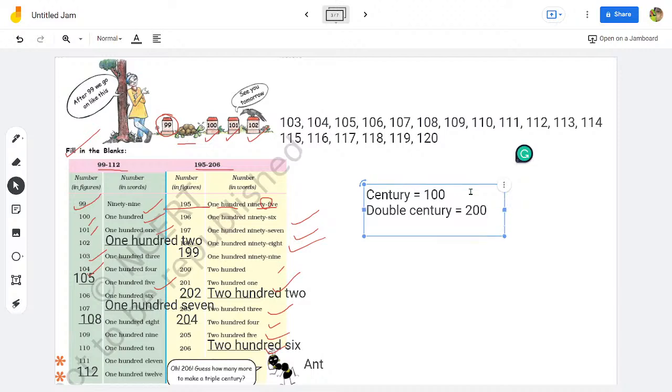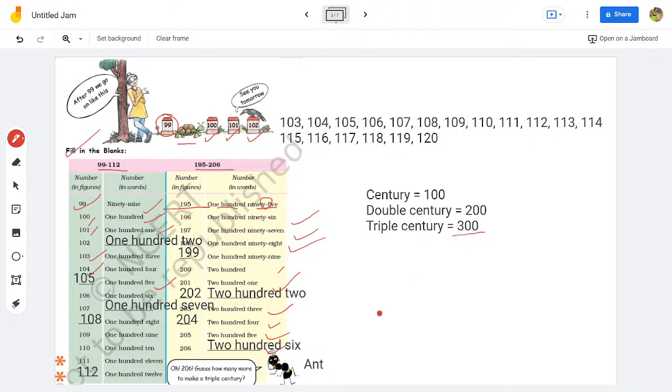And in the same way, triple century means triple the 100, that is 300. So Mr. Ant is thinking about 300 over here. Now he says that 206 has to go till 300. How much more do we need to add to 206 in order to get to 300?